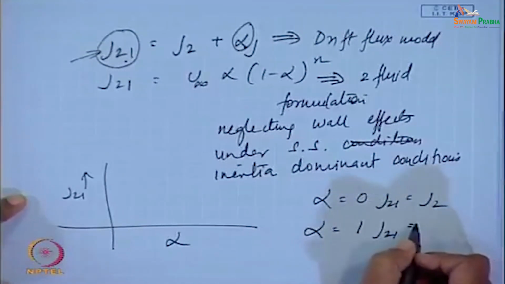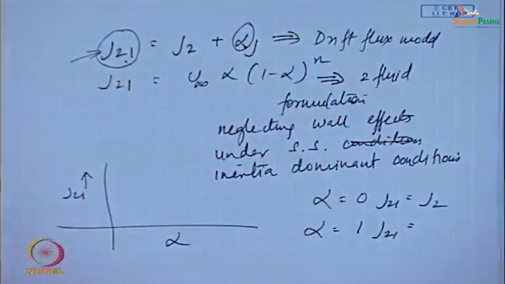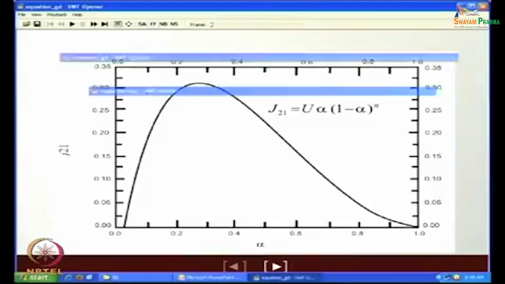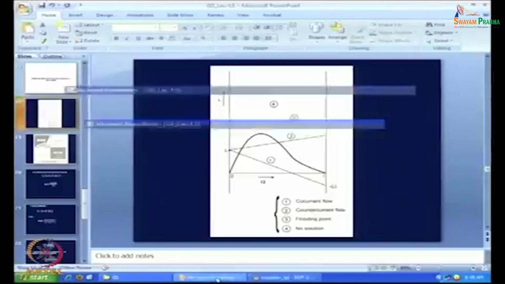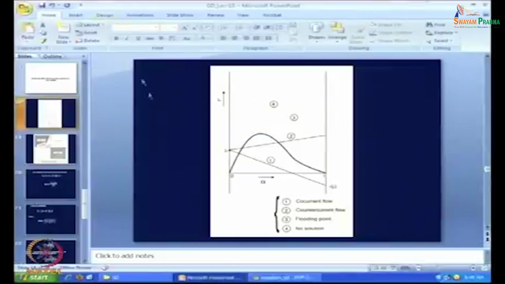If alpha is equal to 1, then this becomes J2 plus, I think this is minus, I have made some mistake. Let me check with the PowerPoint. Was it plus or was it minus?